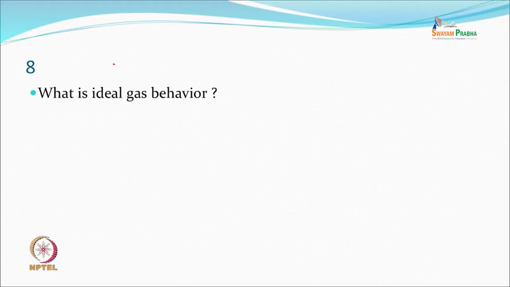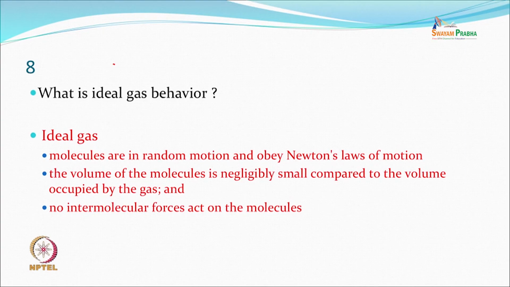Let us put it this way. What is ideal gas behavior? This also was one of the questions. This is defined by three major properties, which is for the ideal gas. You must believe that there is no ideal gas in general. An ideal gas would be one where the molecules are in random motion and they obey Newton's law of motion.